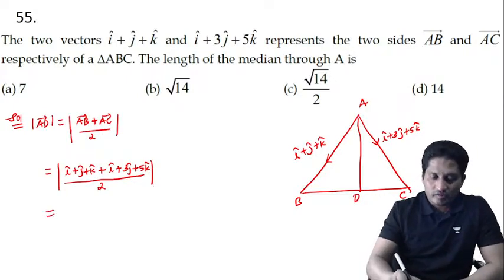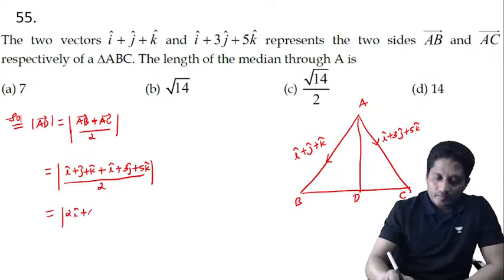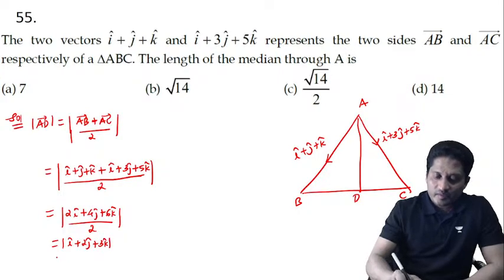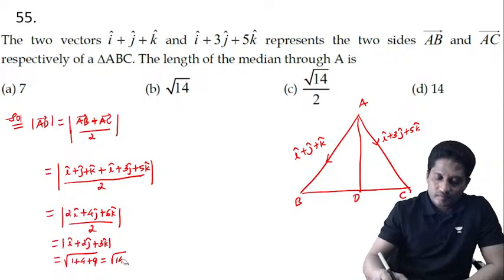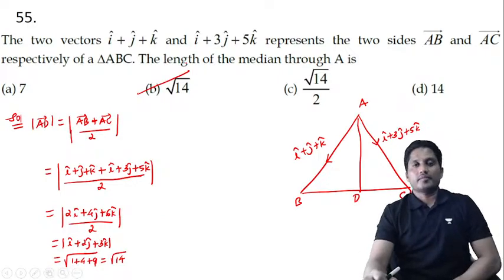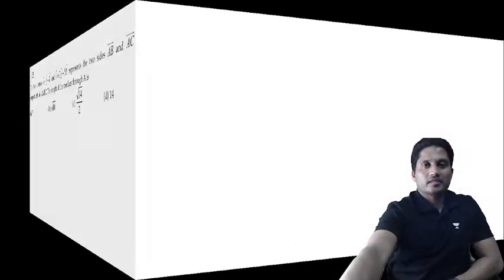So this is equal to 2I plus 4J plus 6K whole divided by 2. This is modulus of I plus 2J plus 3K. Now if I take the mod of this, it will be root of 1 plus 4 plus 9, which is equal to root of 14. Answer is option B. Let's move to the next question.